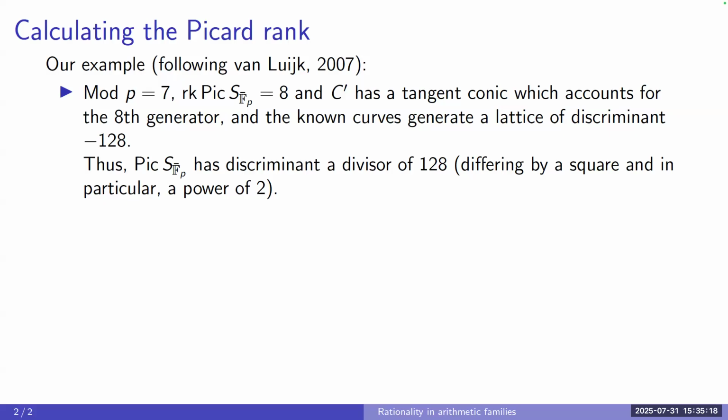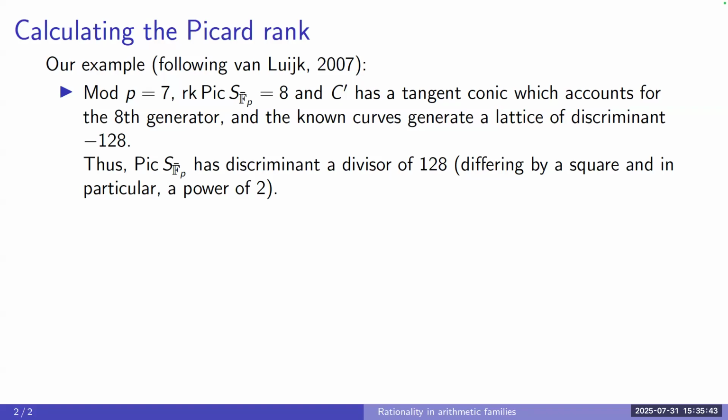For this specific prime, we show that this extra generator is given by a tangent conic. So it's tangent to that discriminant curve, and so in the double cover, it splits and gives an extra class. And so because we understand all of these curves, we can just write down their intersection lattice and get the discriminant.